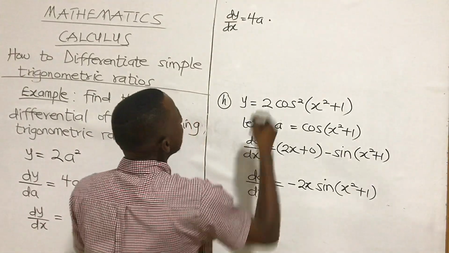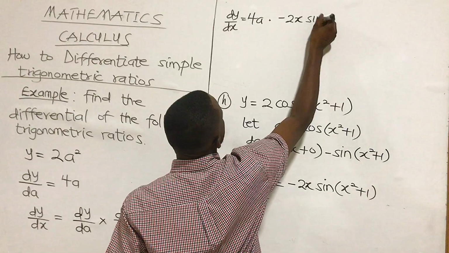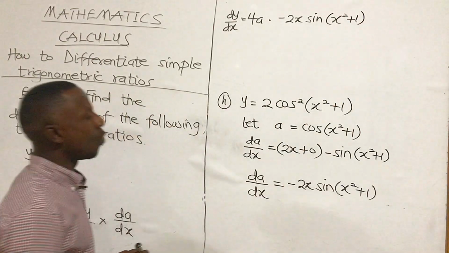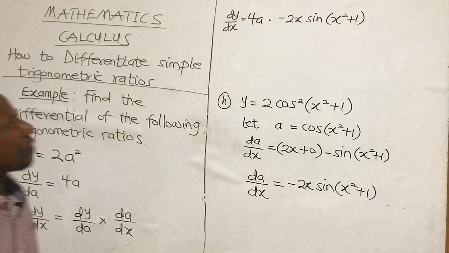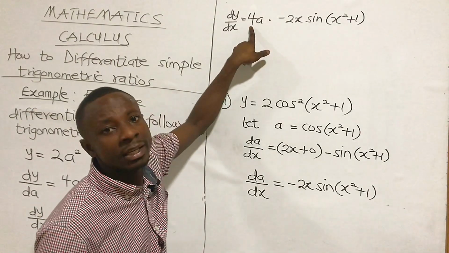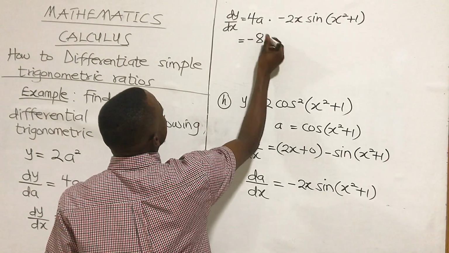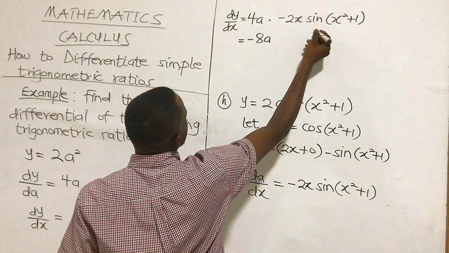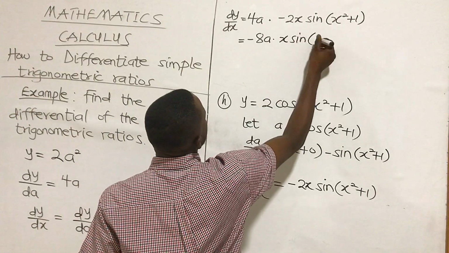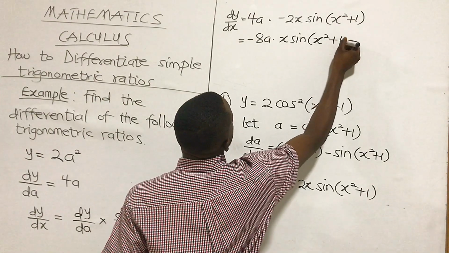We had negative 2x sine bracket open x squared plus 1. But from here, we can multiply the negative 2 by the 4. So we have negative 8A multiplying x sine bracket open x squared plus 1.